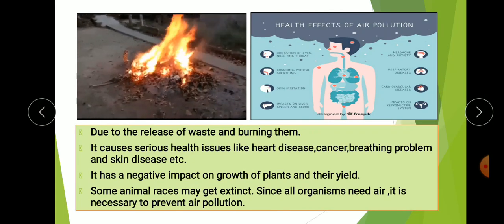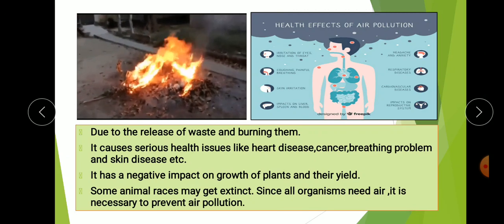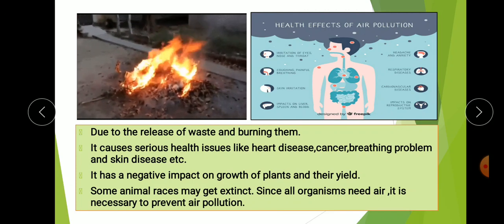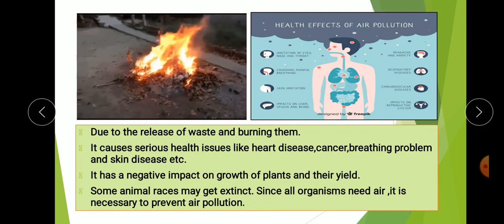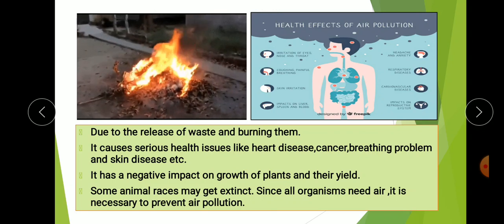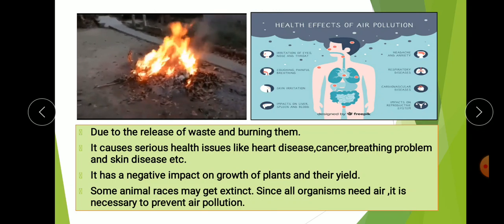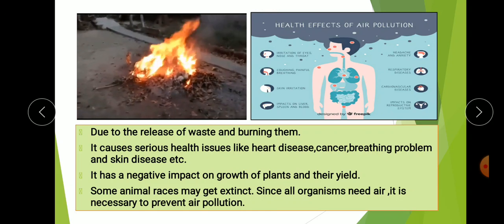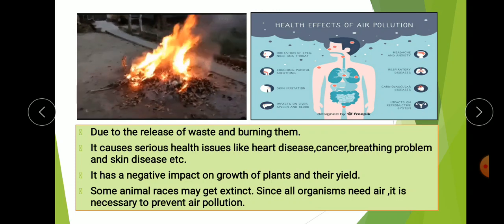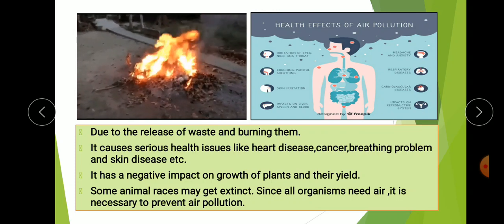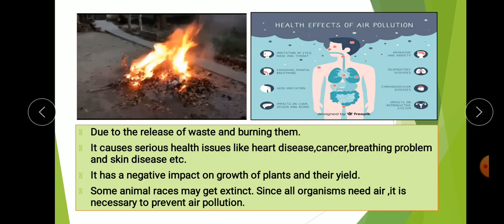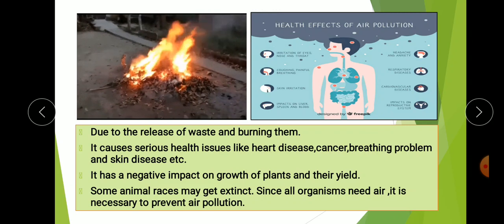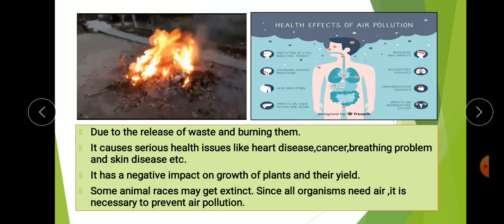Next, it causes serious health issues like heart disease, cancer, breathing problems, asthma and skin diseases, etc. Eighth, it has a negative impact on the growth of plants and their yields, because plants are also living organisms. Next, some animal races may become extinct, since all organisms need air.